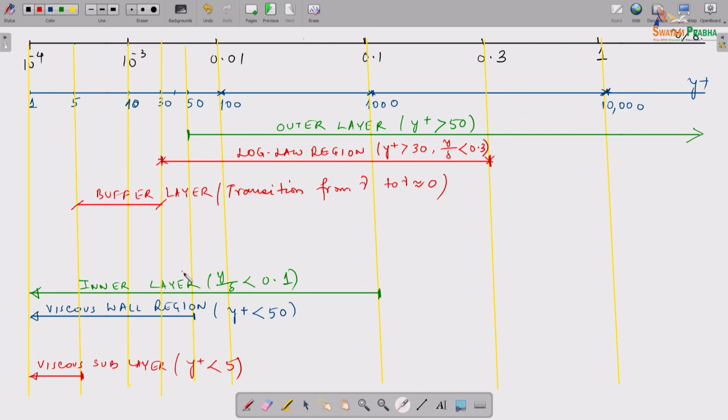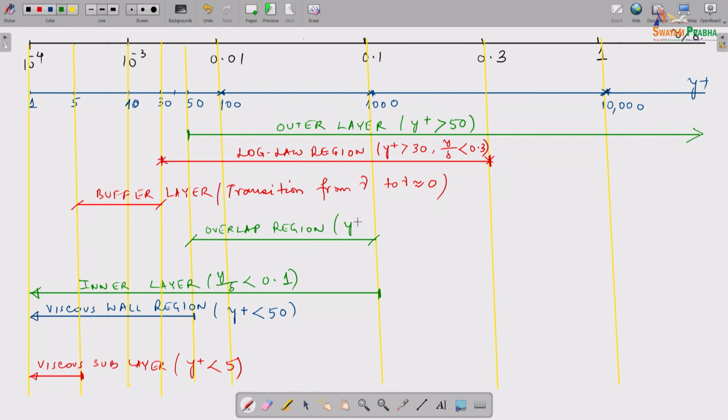So the overlap region, if I look at this, is somewhere between 50 and 0.1.